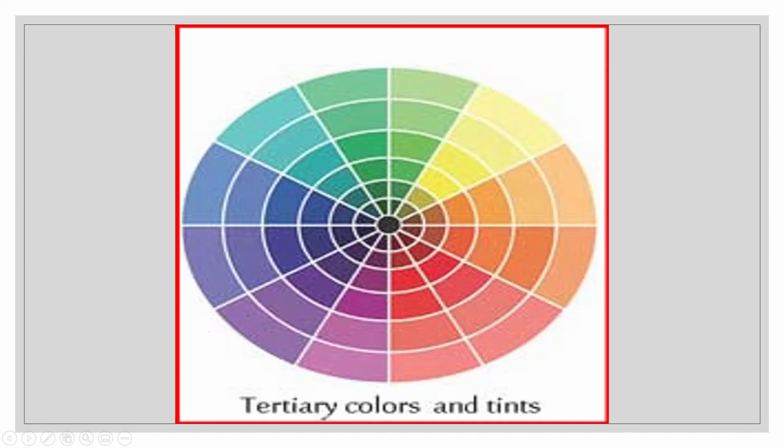Yellow plus orange becomes yellow-orange. Green plus yellow: yellow is the primary, green is the secondary, and it becomes yellow-green.